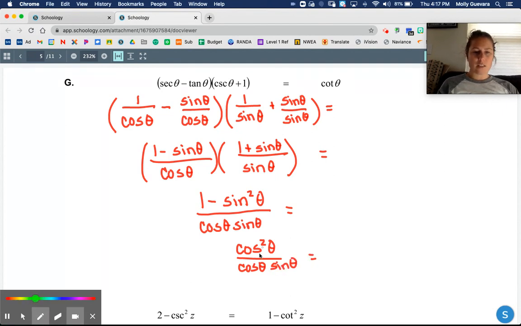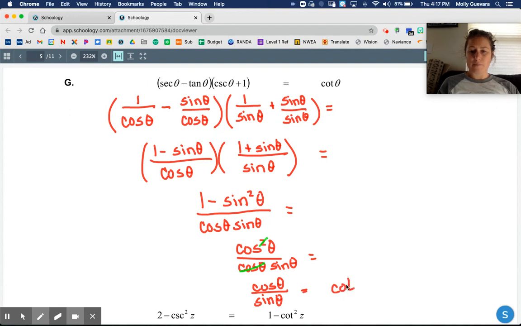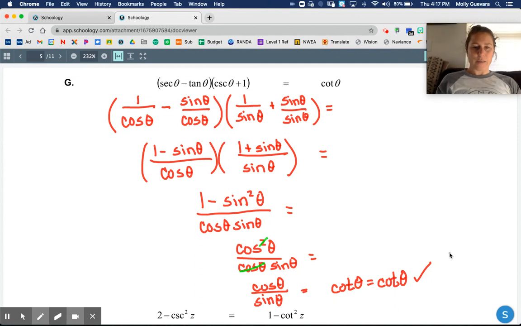So one of these cosines can cancel out, which leaves me with cosine over sine, which is cotangent, which is what I was trying to show. So I did it. We did it. Woohoo!